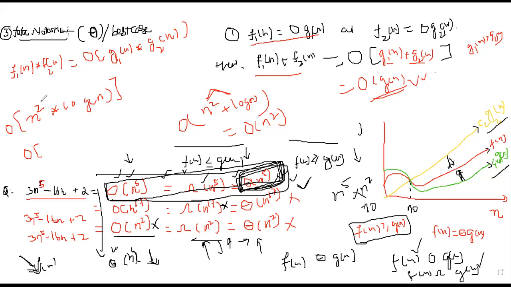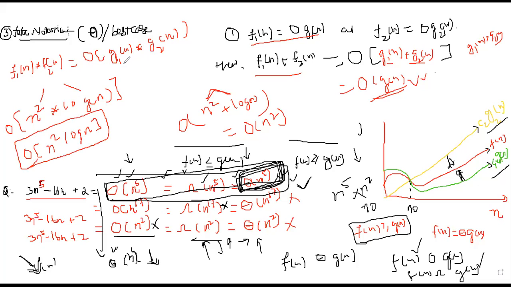Here also there are two functions: one is n square and one is log n. Here you simply multiply both functions, so it will be n square log n. So what is the big O of this one? It will be n square log n.